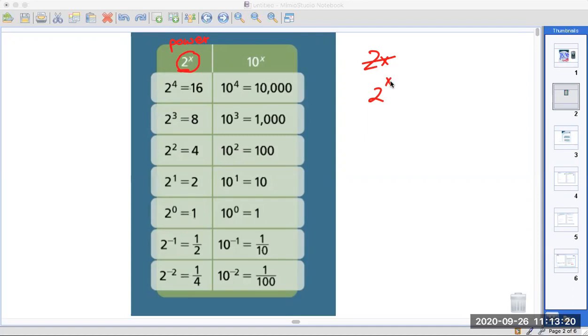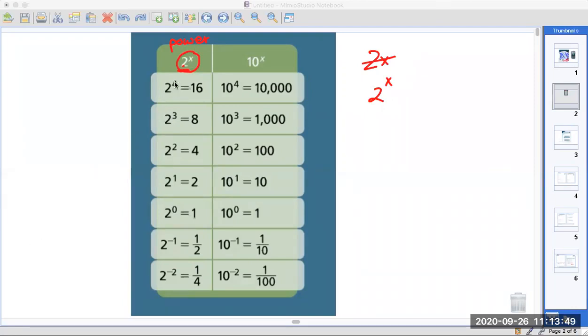It can be any variable. It can be y, it can be d, e, whatever letter you want to come up with, but it's positioned higher, and it tells us there's a number hidden behind this variable that tells us how often we multiply the base by itself. So base and exponents together make a power, or exponential expression.